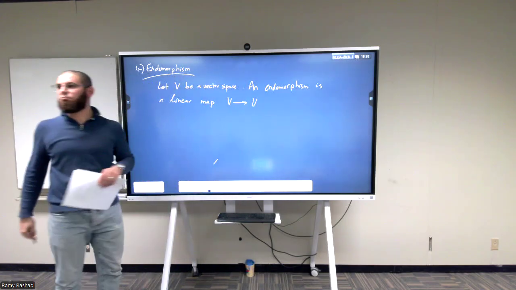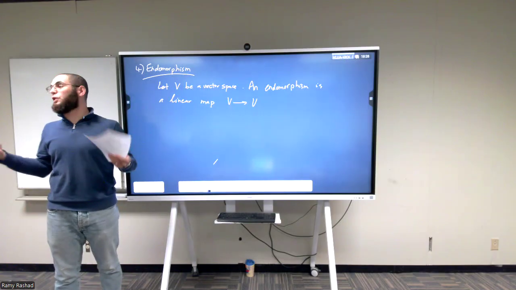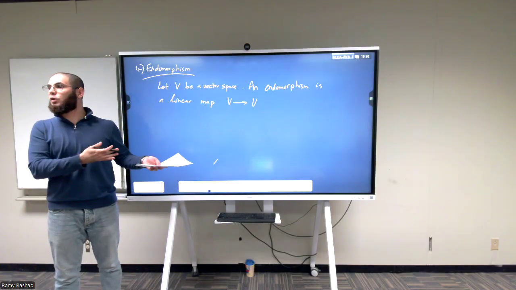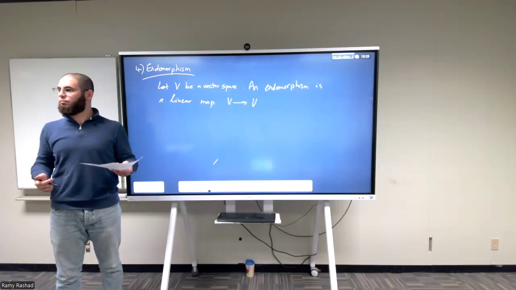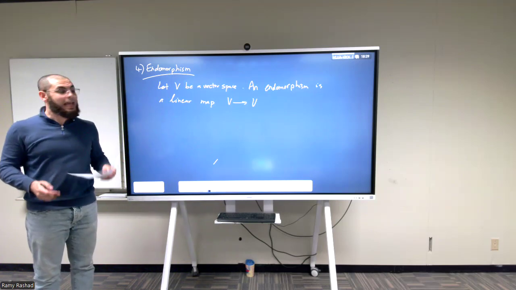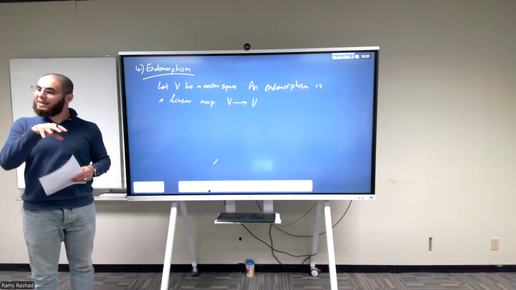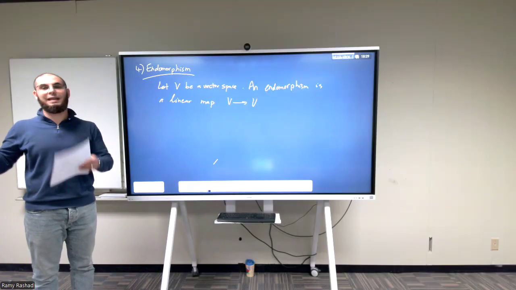That's it. Easy. All of the linear maps we had were between 2 different vector spaces. What is an endomorphism? A linear map between the same vector space. It can eat any element and then go to the same vector space.